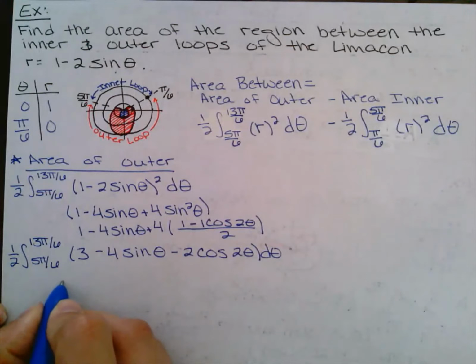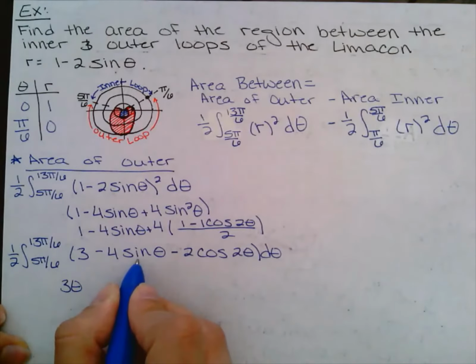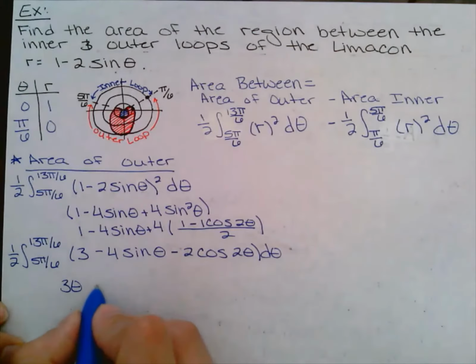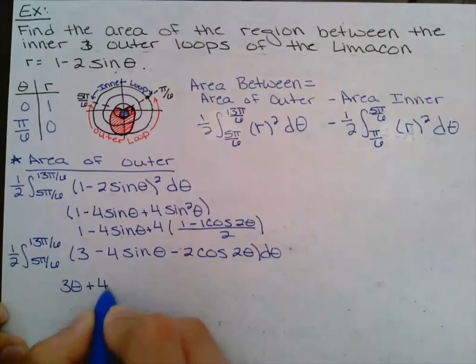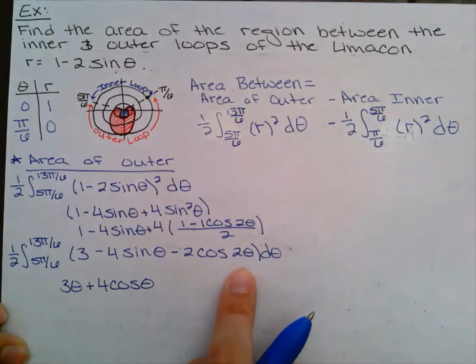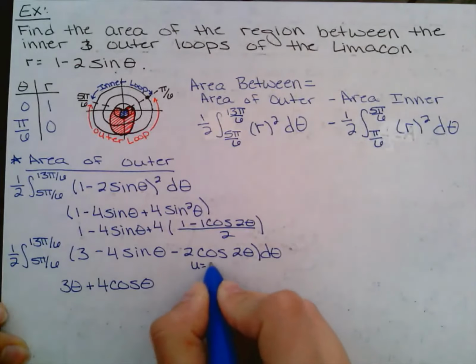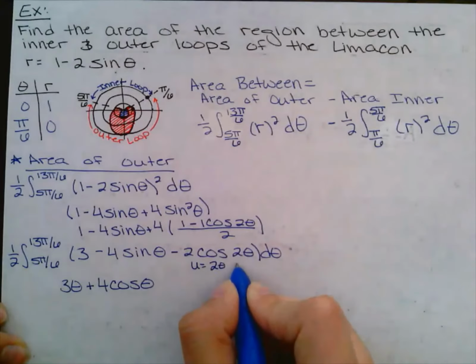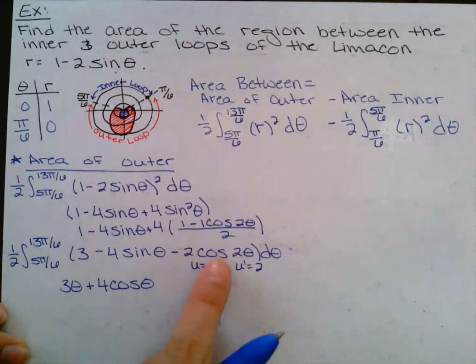Okay, now on to doing the antiderivative in terms of theta. Here I end up with 3 theta. The antiderivative of sine is a negative cosine. Bring down the coefficient of 4, so it becomes a positive 4 cosine of theta. And then here I do have a little bit of u-sub. My u is 2 theta, and my u prime is a 2. So I don't have anything missing, so I can go straight to that 2 becoming my du.